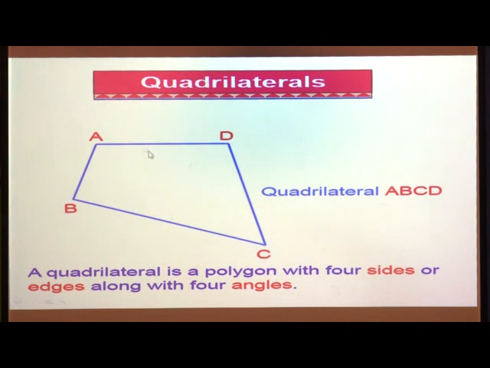If we have the 4 points, the 4 angles are also formed here. While reading, we read it as quadrilateral ABCD. We read it as quadrilateral A, B, C and D.